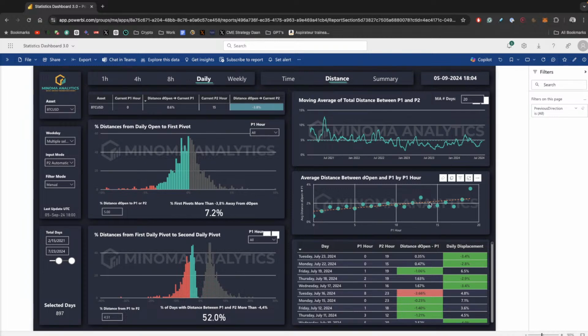Now, what you have to understand, as you see in this line here, is that basically the later in the day P1 gets put in, the further it is. These are the hours of the day, and this is the average distance that hour puts in a P1 from the daily open. The further in the day you progress, the more likely it is to be further away from the daily open. And this makes sense, right?